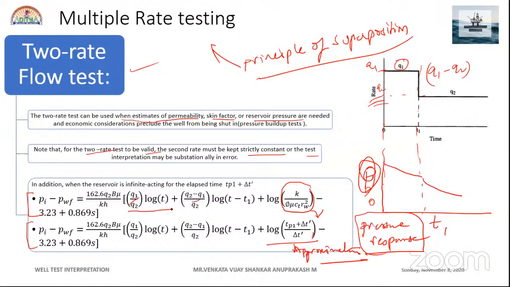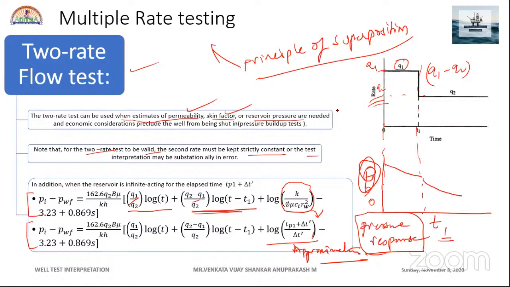Accordingly that was divided and you got this time T1 corresponding to that. Again here also we can get your permeability, and skin factor is common. The average reservoir pressure you can get from the previous one.